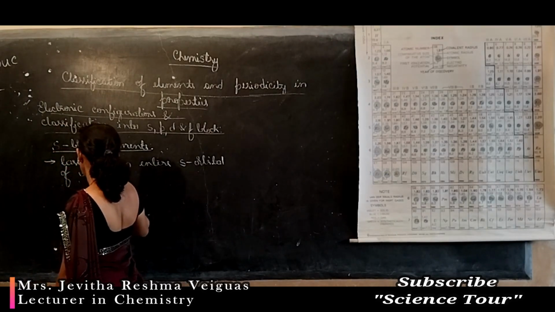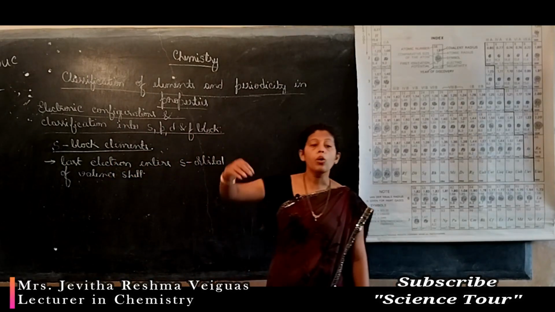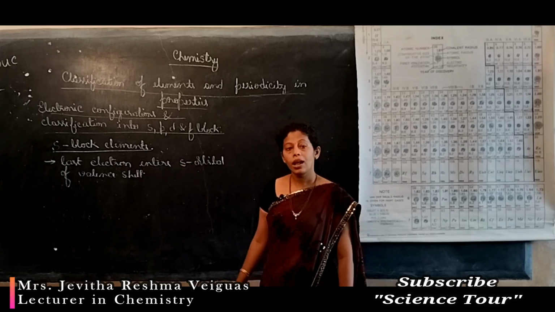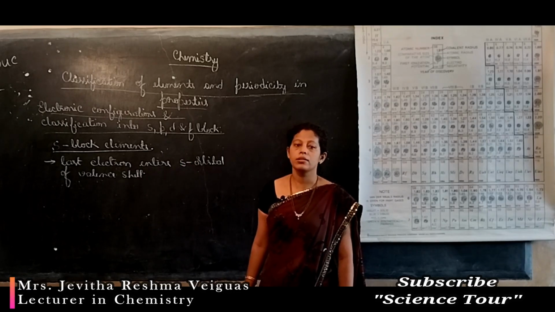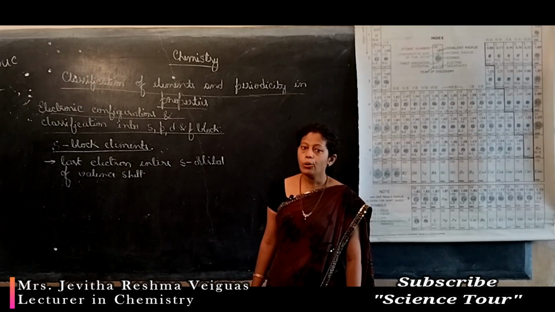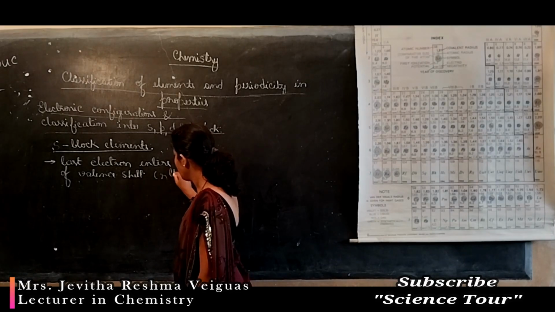What is meant by valence shell? It is the outermost electronic shell. In these elements, last electron enters S orbital of the valence shell. How to represent the valence shell? It is represented as nth shell.